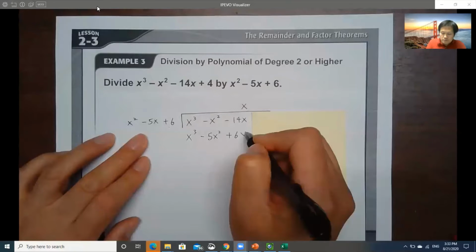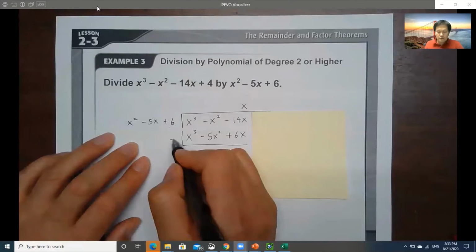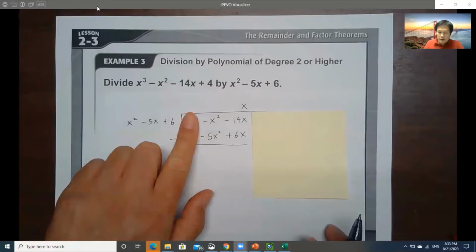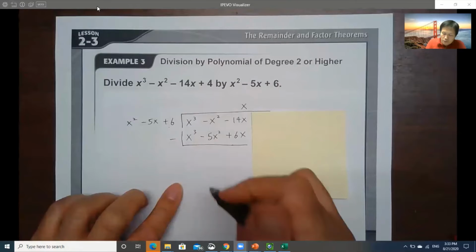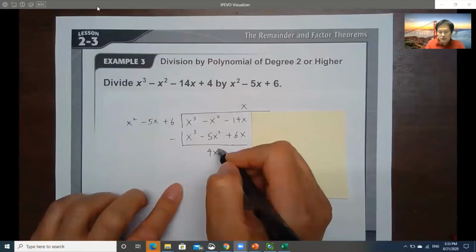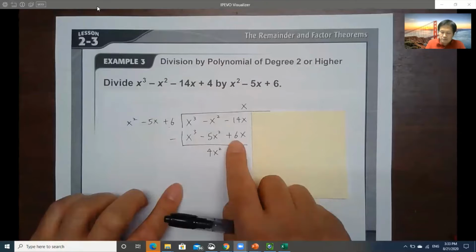L shape, subtract, first term gone. Minus 1, minus 5, plus 5. Minus 1 plus 5 is plus 4. Minus 14 minus 6 is minus 20.